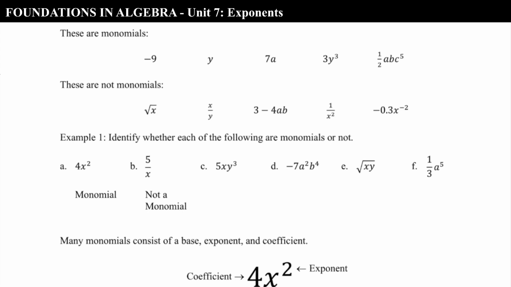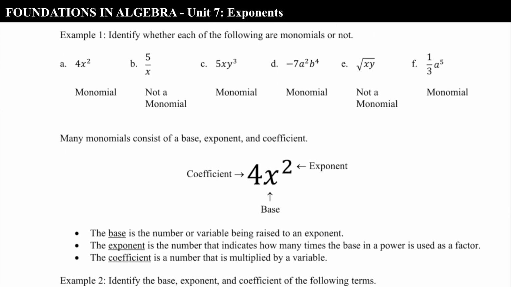Some variables have exponents, but that's fine, so we have a monomial. Same goes for D. For E, we have a square root symbol, so that is not a monomial. And then finally for F, we have a fraction, but it's okay to have a fraction as long as it's just part of the number. The variable is in the numerator, not in the denominator, so F is a monomial.